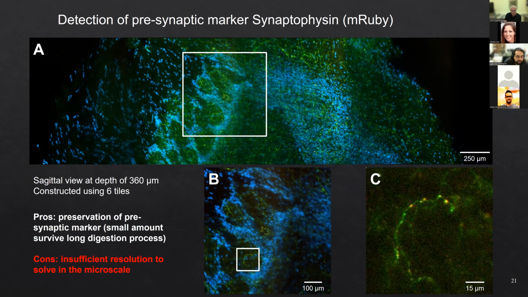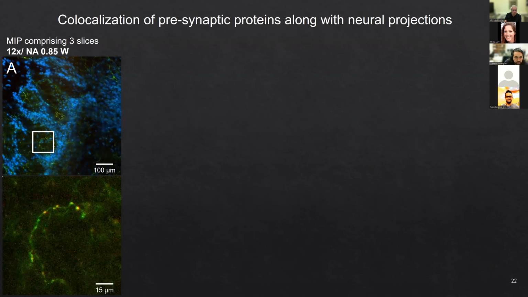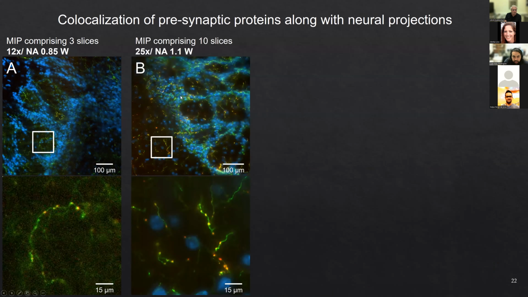So for that, we have to go to a higher resolution objective, and that is what I will show you here. So this is the same example that I showed you before, and that was acquired with a 12x objective. And now if we change to a 25x, in exactly the same sample and the same instrument, we can see clearly the difference between these two images.